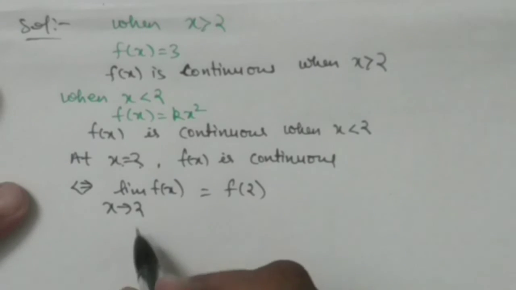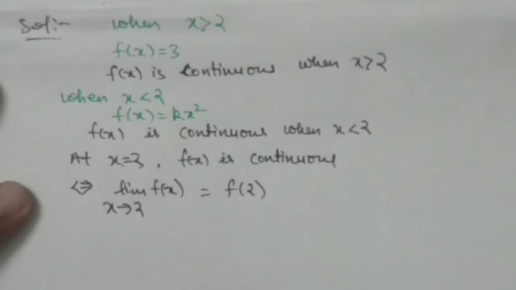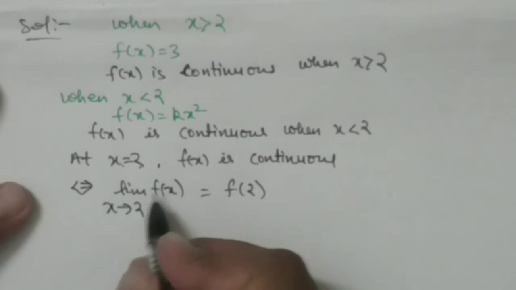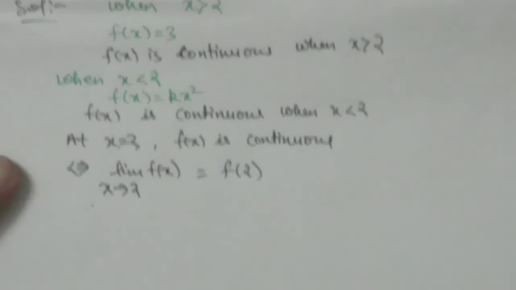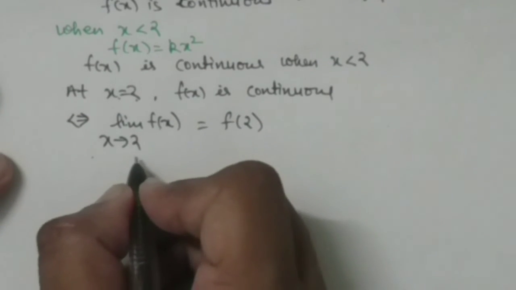So we need to check whether the limit of f(x) as x tends to 2 exists or not. For that we need to evaluate its left hand limit and right hand limit, right?